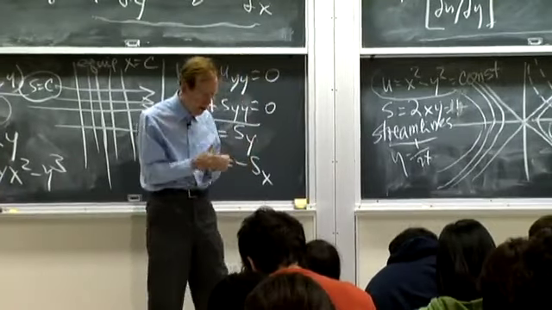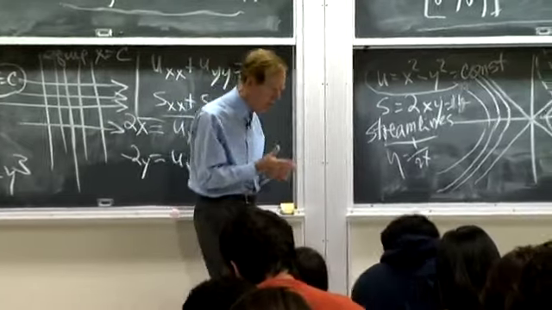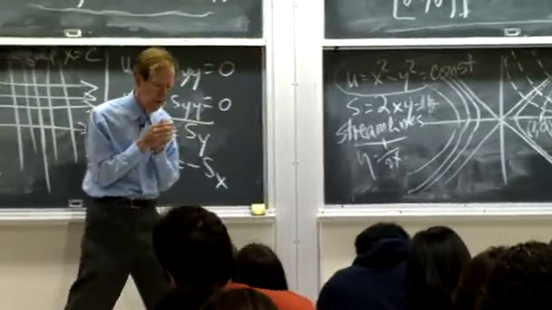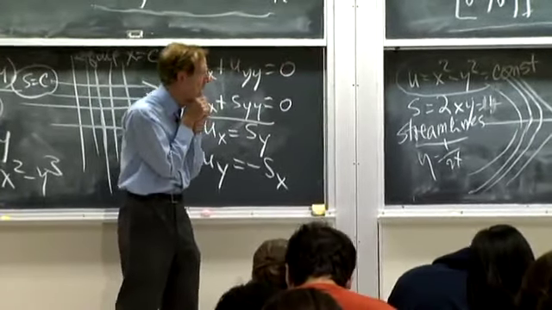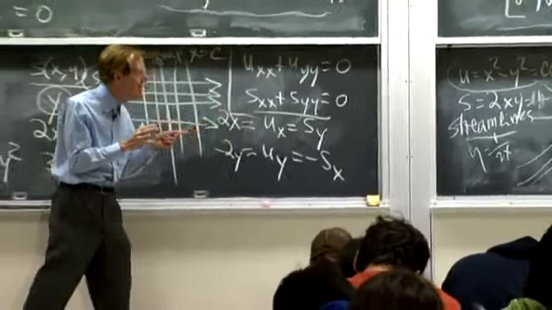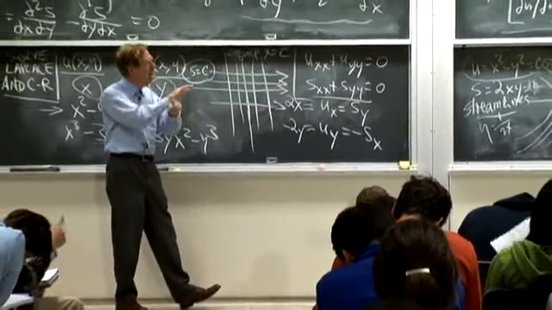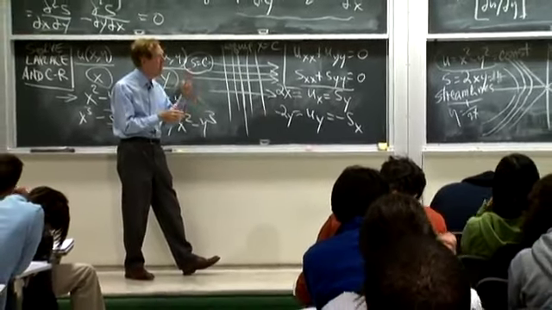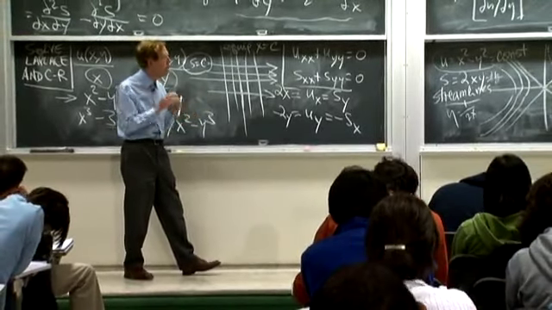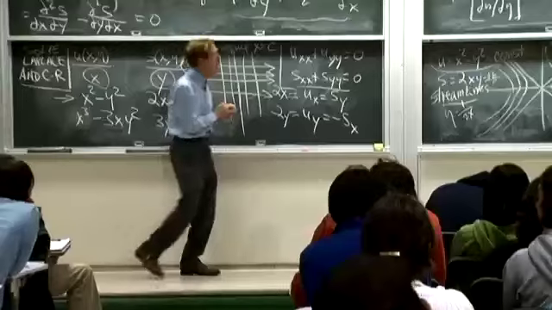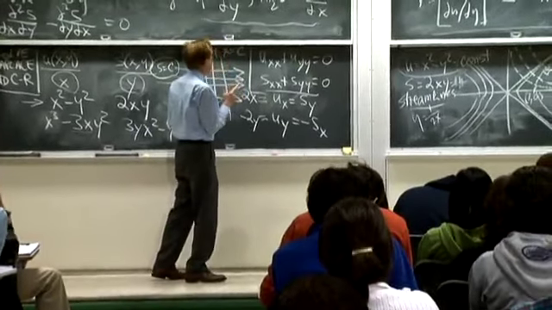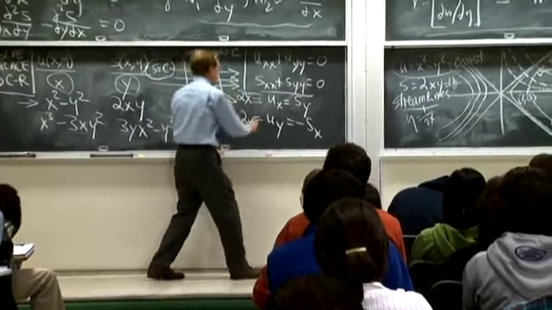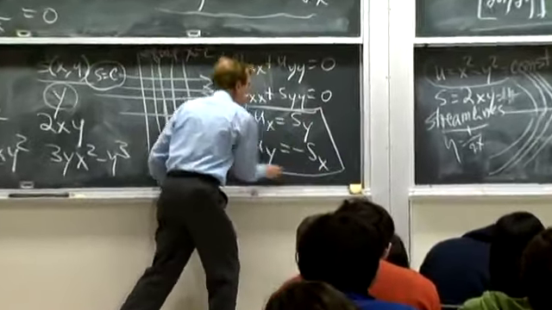The gradient of any function is perpendicular to the level curves. That's all we're seeing here. But we're seeing these two fantastic families of curves, equipotentials perpendicular to streamlines. And the reason they're perpendicular is Cauchy-Riemann. Cauchy-Riemann is telling us they're perpendicular.